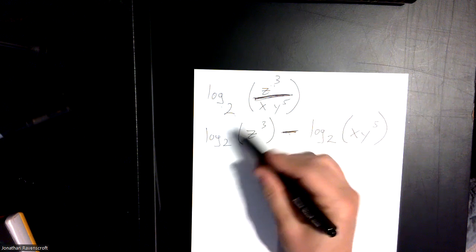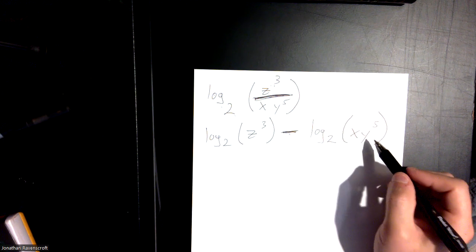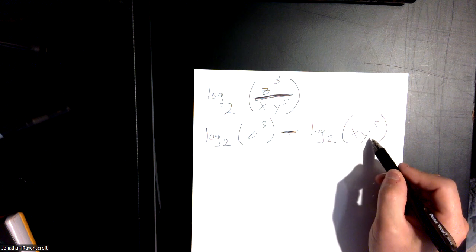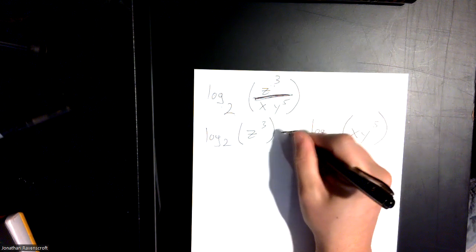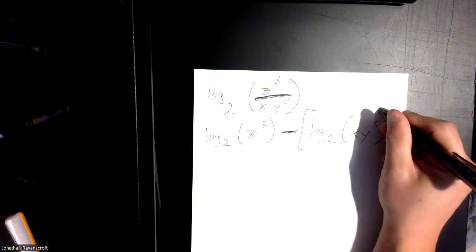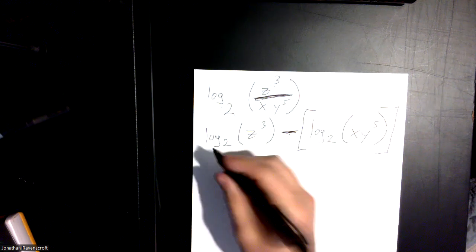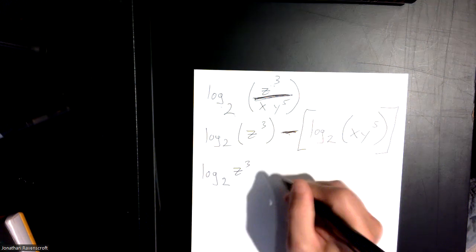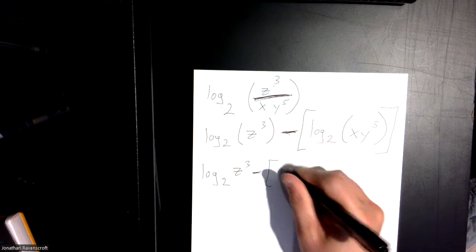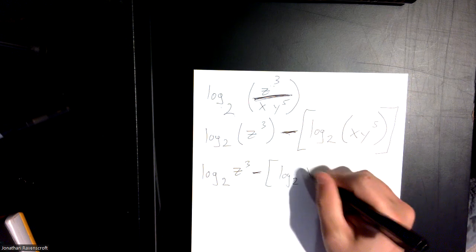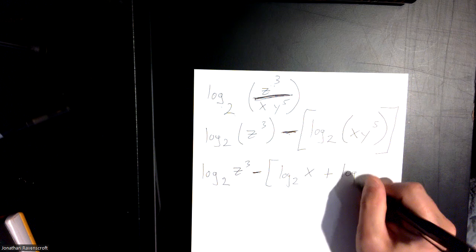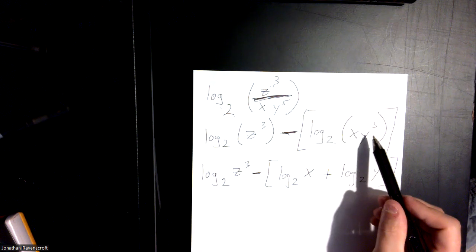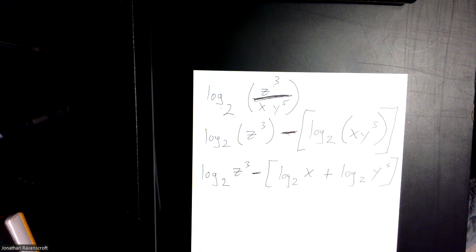Now we can't really do anything with this. Look at this. This is a product. However, you have to remember that you're doing subtraction. This is minus all of this stuff. So yes, we can turn that into minus log base 2 of x plus log base 2 of y to the fifth, using our product to sum property.